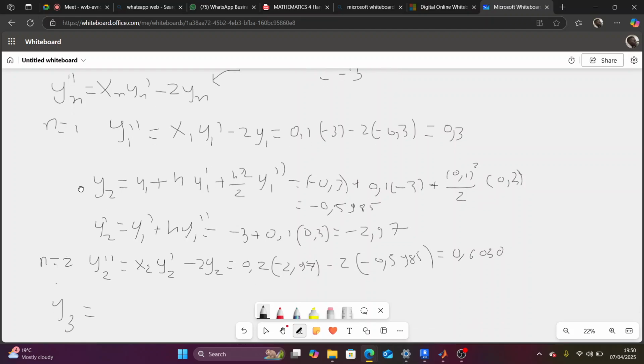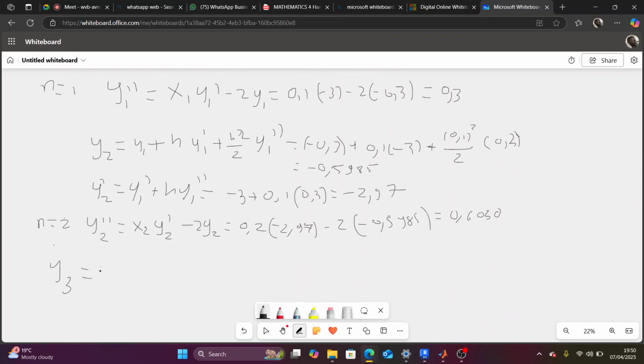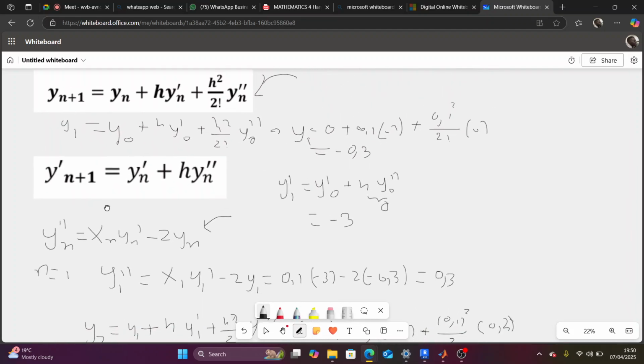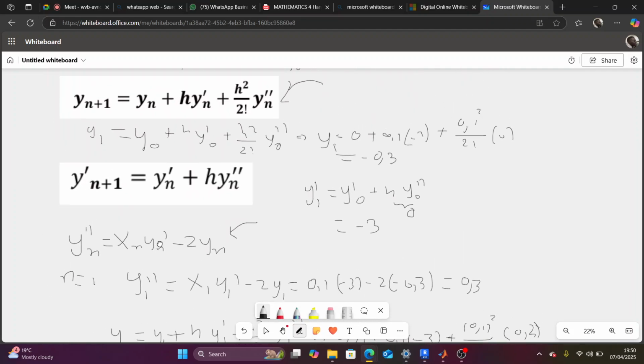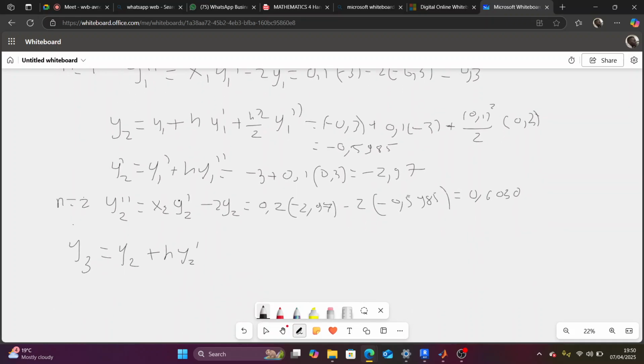I think I'll be going up and down a lot. y2, can you help me with the formula? y2 plus h y prime of 2, plus h squared over 2. Is it 2?